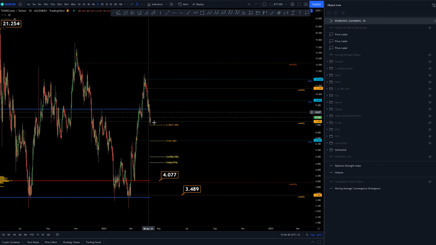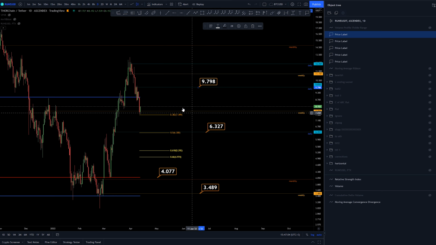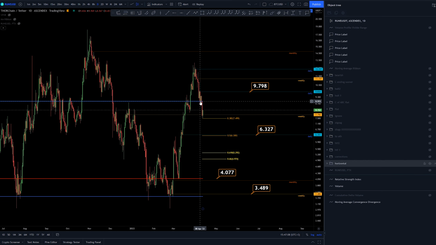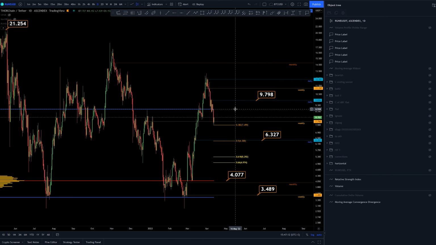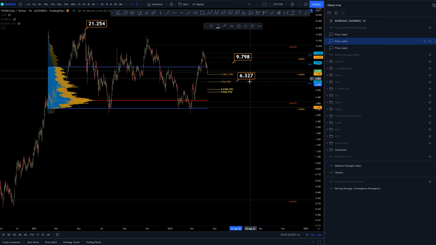The closest areas we've got are a daily level at $6.32 and another daily here at $9.80. Range value area high for this whole range is around $8.92.